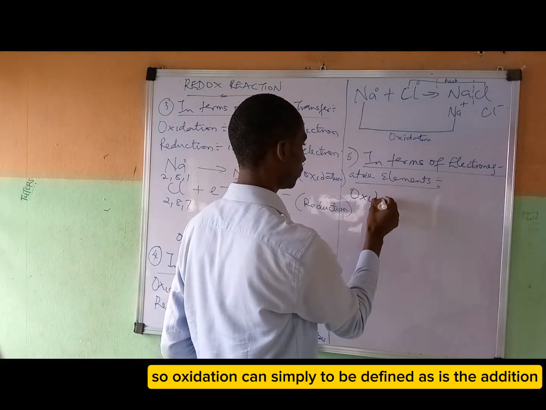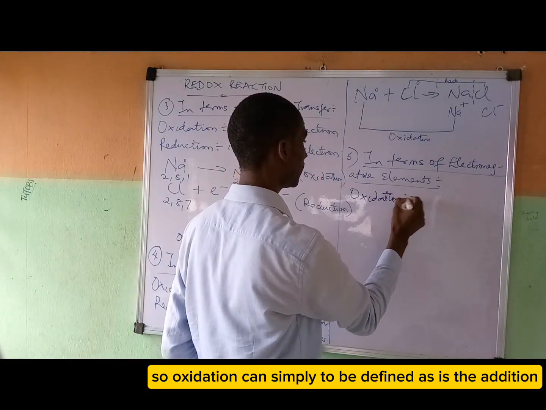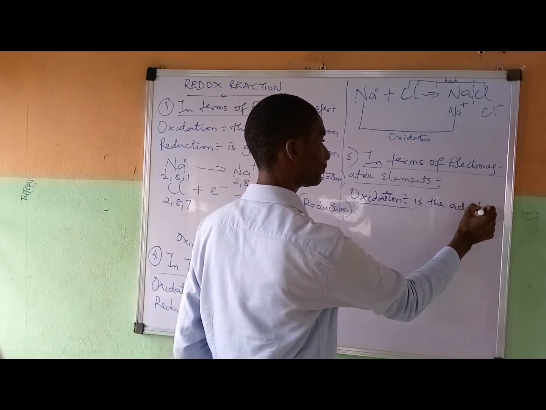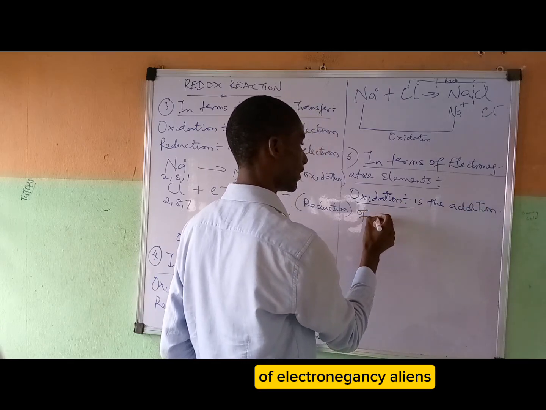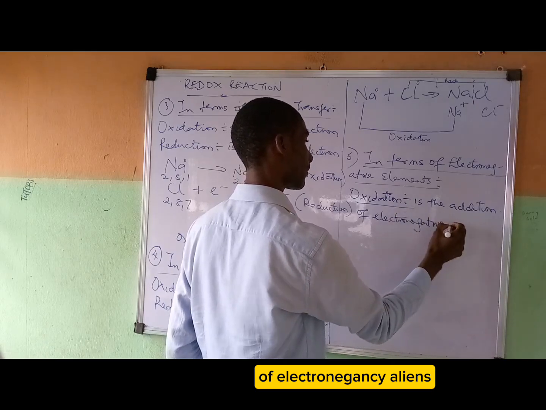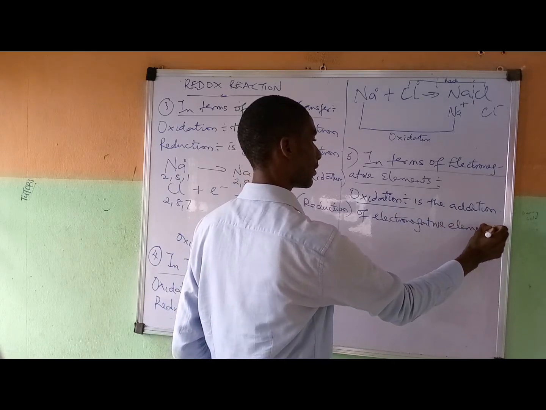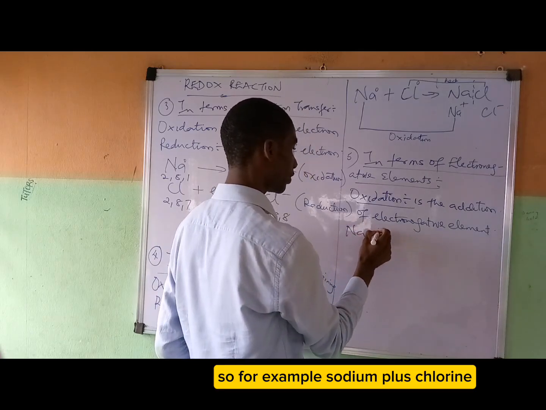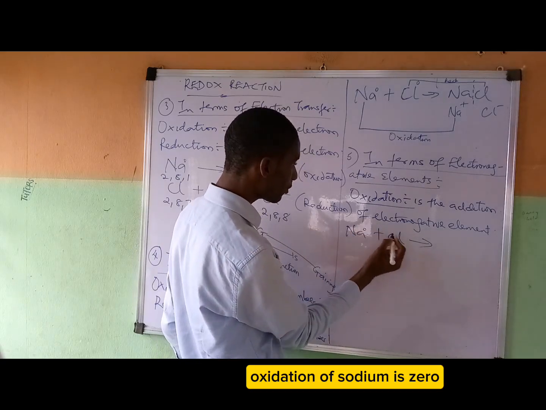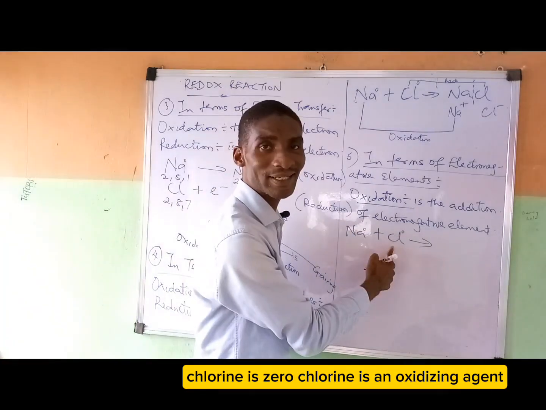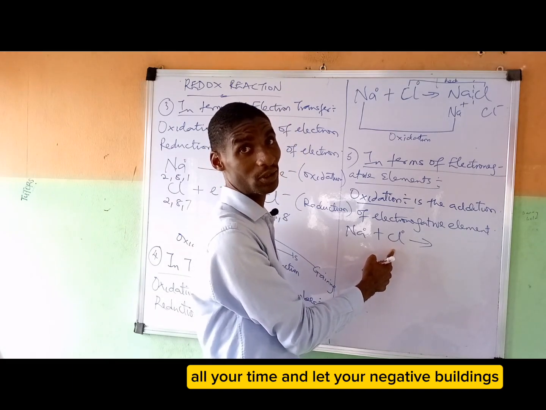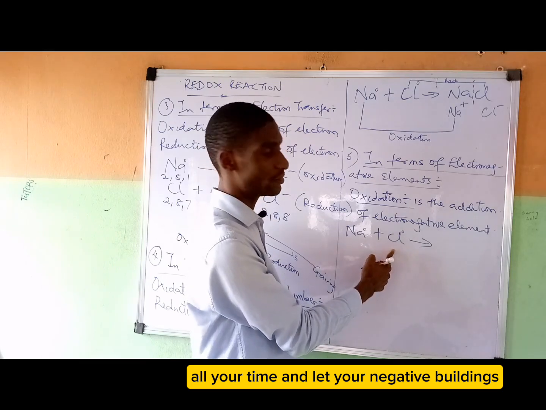So oxidation can simply be defined as the addition of electronegative elements. So for example, sodium plus chlorine. The oxidation number of sodium here is 0, chlorine is 0. Chlorine is an oxidizing agent, or it's an electronegative element.